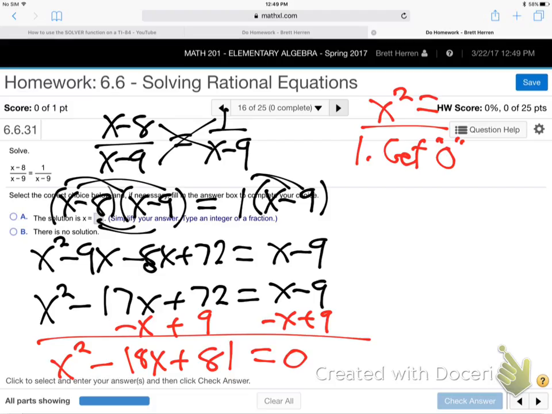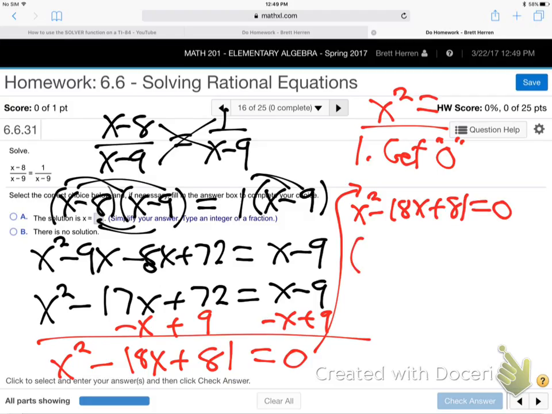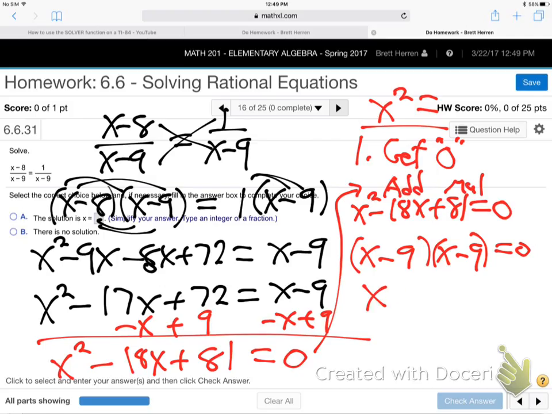Let's bring that up here and factor it. How do you factor that thing? Negative 9 and negative 9, right? Multiplies to be positive 81, adds to be minus 18. Good. And so you know the answer is just going to be plus 9, right? Because it's always opposite sign.